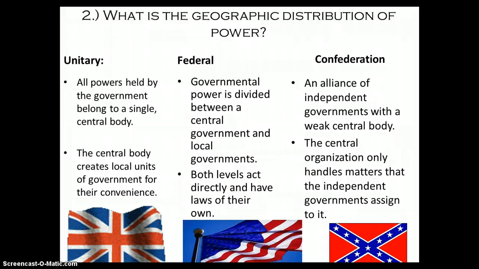So here you can just see that there's a spectrum of where power lies in government. And this is answering in terms of a strong central government or strong state governments or strong smaller governments. And so it just kind of depends on where that power lies.